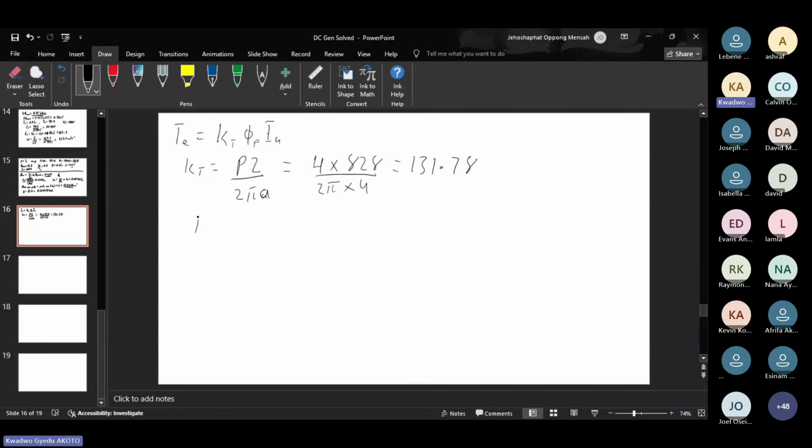So bringing that in here, we have our torque to be 131.78 times 0.010102 times our I_A, which is 100 amps. So our torque is going to give us 133.1 Newton meters, right? That's it for the first part.